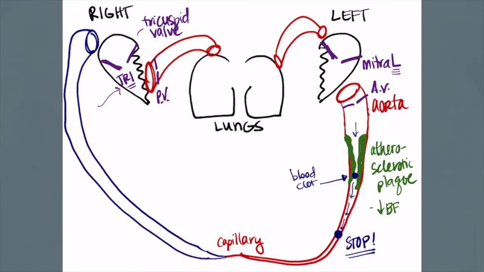There is no way a blood clot formed in an artery would be able to get through a capillary because it's just too small. So a blood clot formed on the arterial side can become an embolism, but it will have to land in the arterial side of the tree.